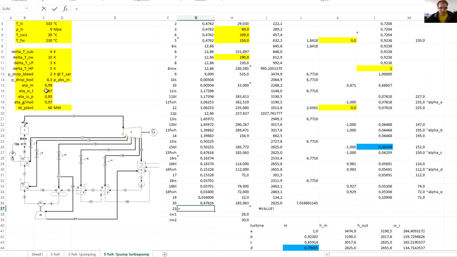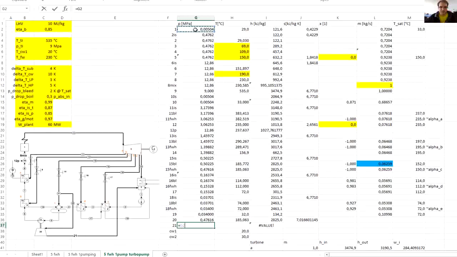And we need to get the pressure after expansion, which, by leading the outlet of the turbine into the condenser, is the condensing pressure V1.